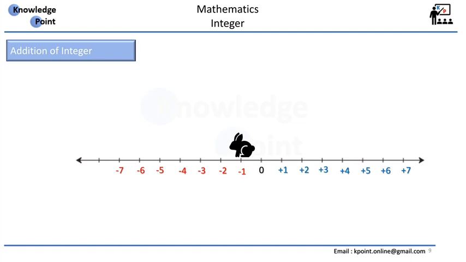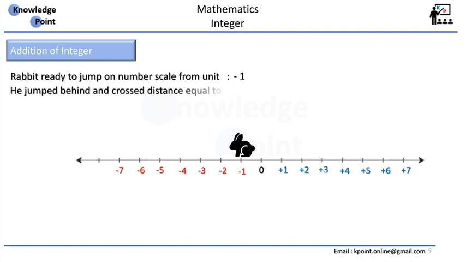Just to understand it a little more clearly, we have another similar example. You can see one rabbit, and the rabbit is already on -1. So he is ready to jump, and let's see where he moves. So he jumped and he reached the 1 point.